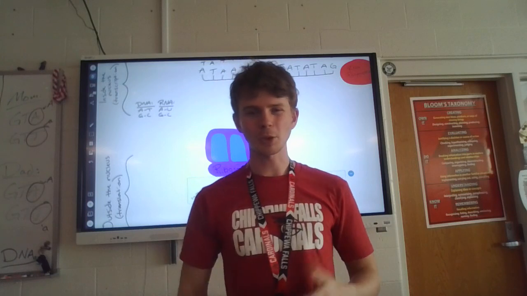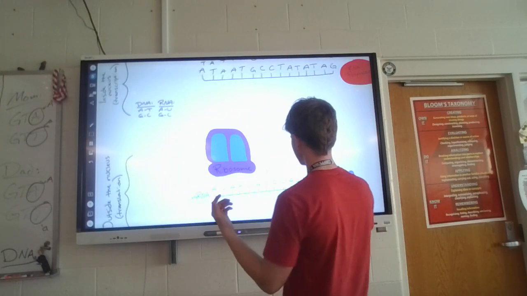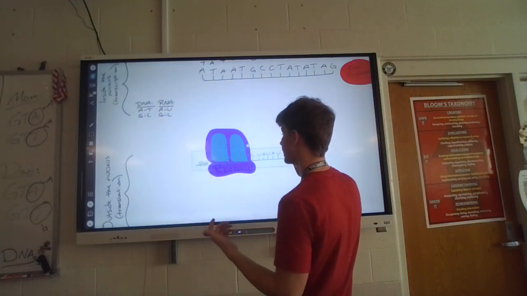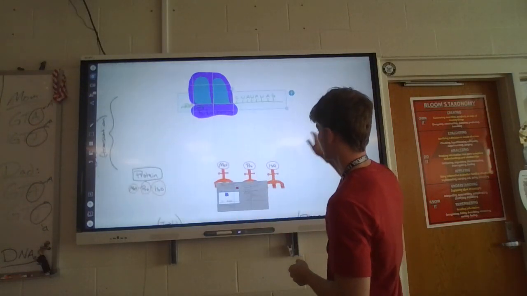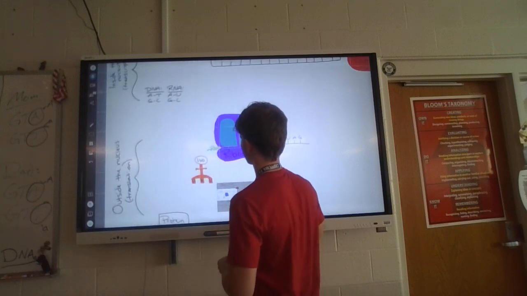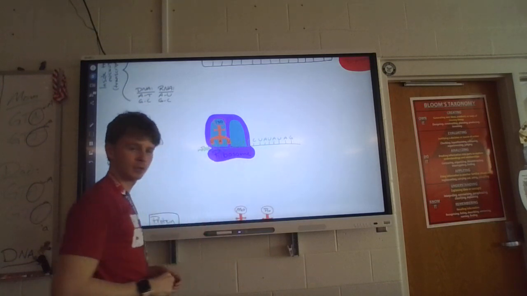Very good. So that makes isoleucine. So what are we going to do? Well, that means I'm going to grab an isoleucine amino acid. Isoleucine is an amino acid, abbreviated as iso. And that's going to come on right in here.